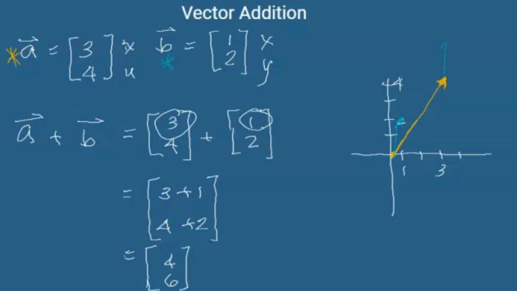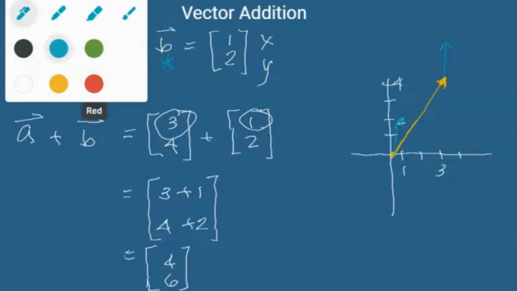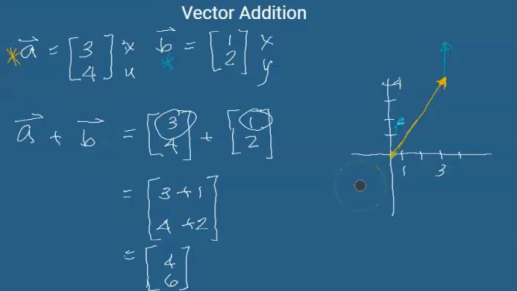It's going to look something like that. Okay, so from the starting point of vector A, let's connect to the endpoint of vector B. So this is our vector A plus vector B.